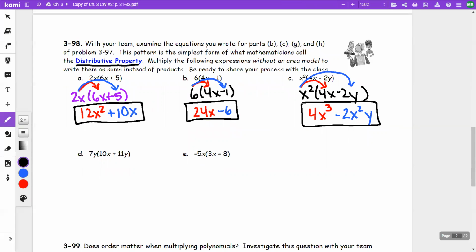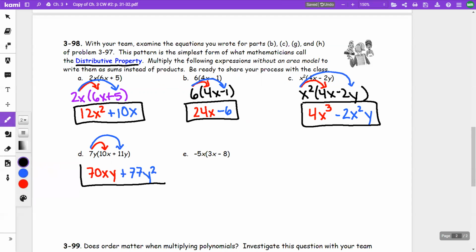Okay, so this one, I've got some room above to draw, so I'm not going to rewrite it. This 7y times 10x is a 70xy. And 7y times a positive 11y is going to be a 77 y times y, which is a y squared.